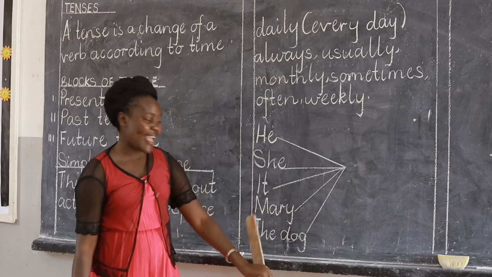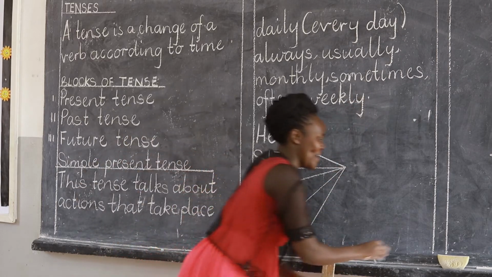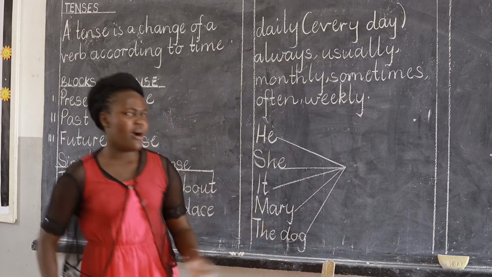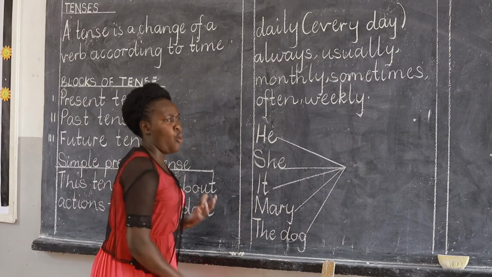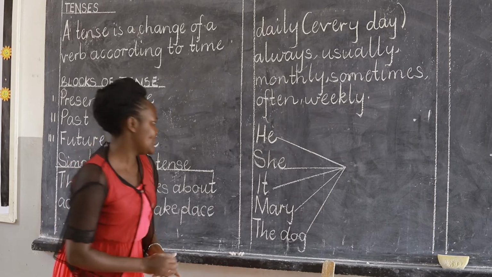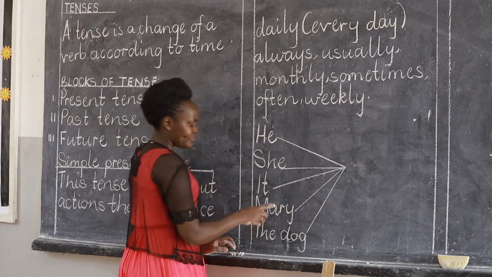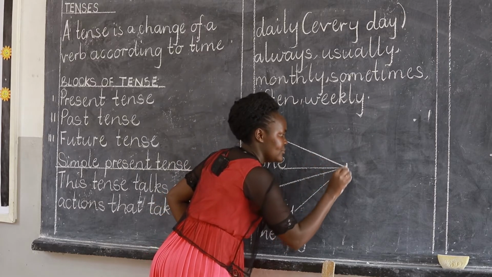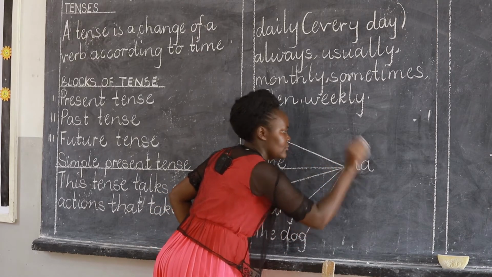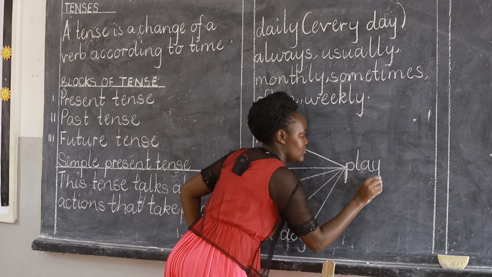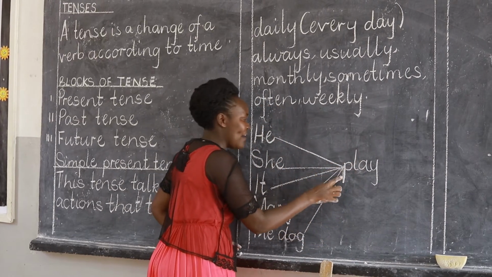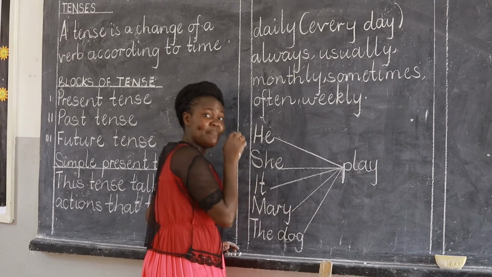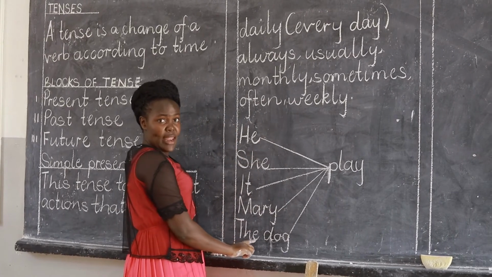If my verb is, tell me any action word. Mention any. I know you have started mentioning cook, run, do, go, play, all that. If I have play as my verb, remember we have said the verb changes when it comes to singular pronouns and singular nouns.